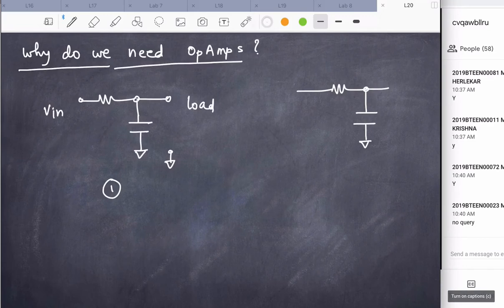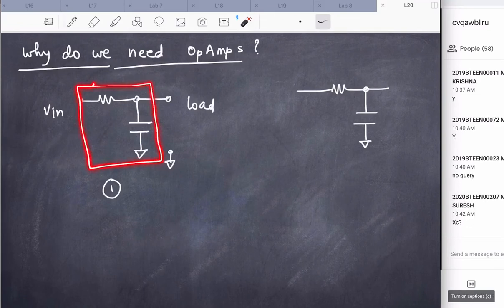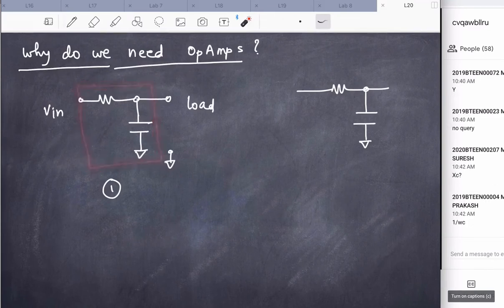Did you understand the question? What is the load resistance? The circuit is this, and how much is the load resistance?